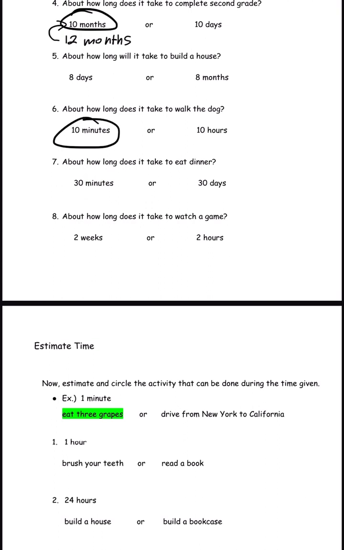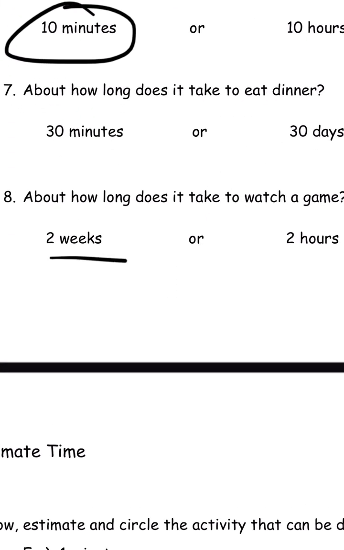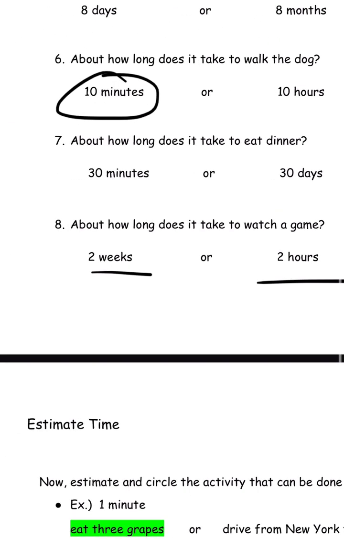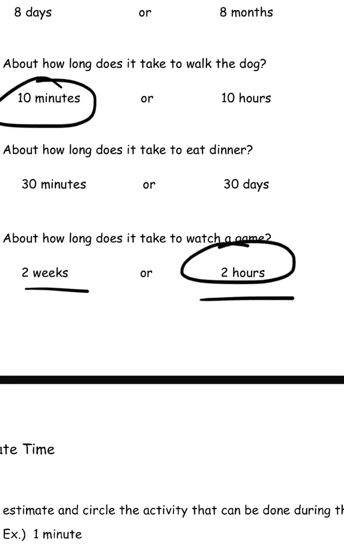Lastly, let's look at number 8. It says, about how long does it take to watch a game? This is similar to the soccer game problem. So 2 weeks or 2 hours. You wouldn't be able to watch a game for 2 weeks straight, right? 2 hours would be more reasonable.